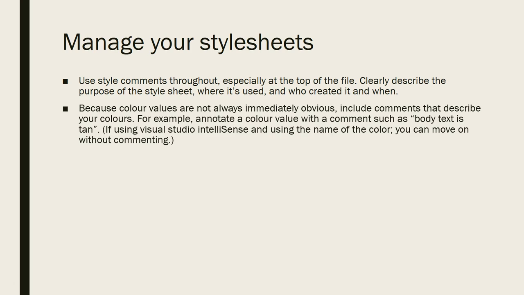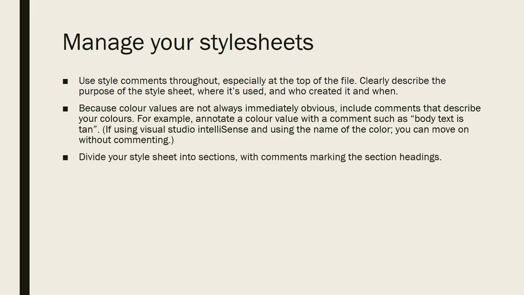If you're using Visual Studio and IntelliSense, then you can use the name of the color. Other thing, in your lab I've asked you to add 3 numbers as a color. For adding such a color, you need to add RGB and then the numbers within parentheses.